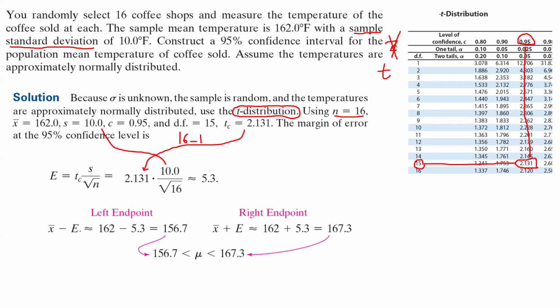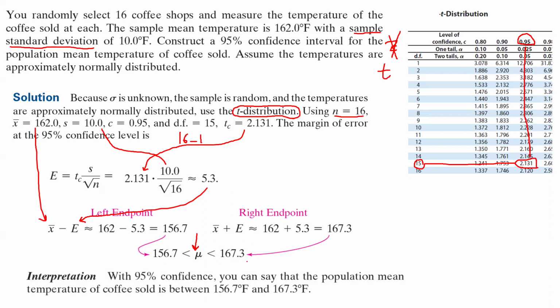The left endpoint is x bar, or the average temperature, minus the margin of error that you found here: 162 minus 5.3, which is 156.7. And x bar plus E is about 162 plus 5.3, or 167.3 degrees. So you can say that the population mean temperature is bounded between 156.7 degrees and 167.3 degrees.